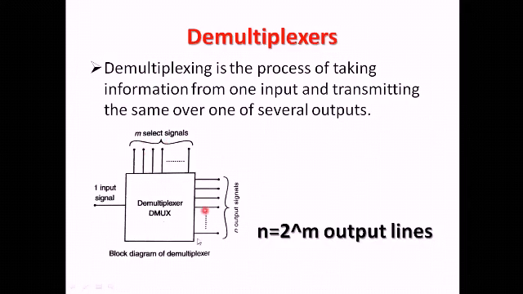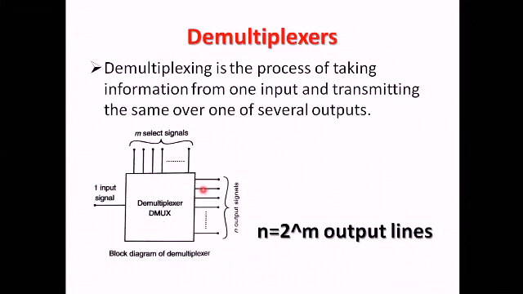Now this is the block diagram of the demultiplexer, which is just the opposite of the multiplexer in operation also. The circuit has one input line or input signal, m select lines or m select signals, and n output signals.